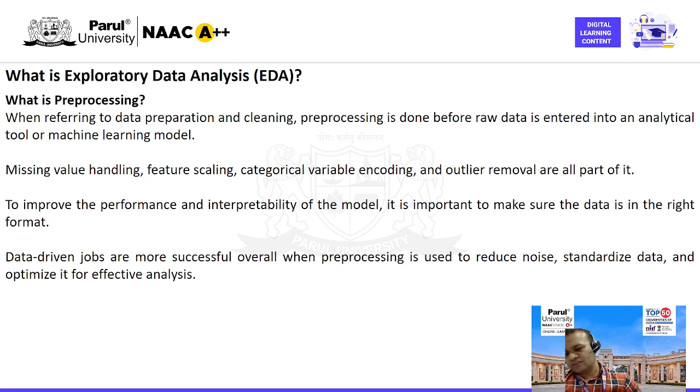Data-driven jobs are more successful overall when pre-processing is used to reduce noise, standardize data, and optimize data for effective analysis. You can use raw data, but your model will not give better accuracy. When you pre-process your data, that means you optimize your data, so it will give an effective result.